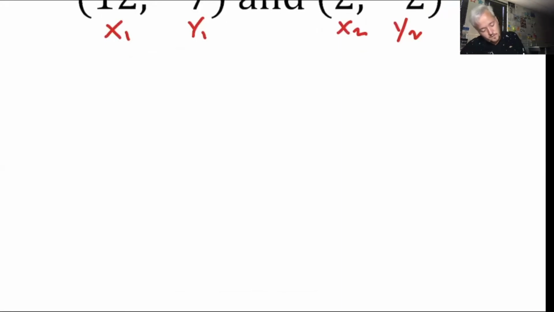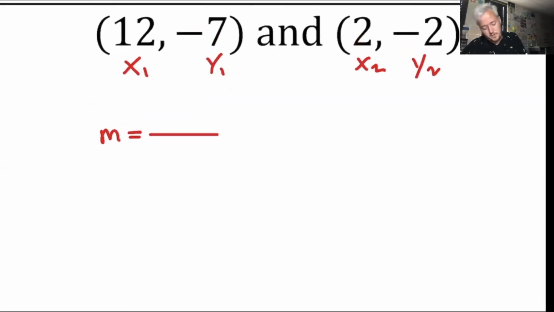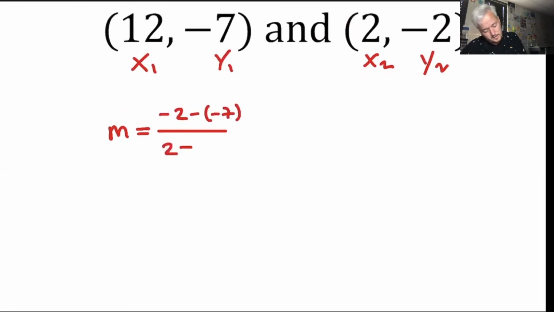So for the slope, y2 minus y1, so -2 minus -7 over 2 minus 12. All right, so the numerator is going to turn into -2 plus 7.